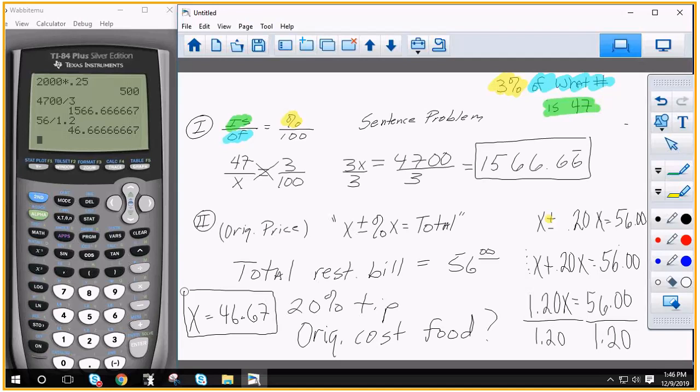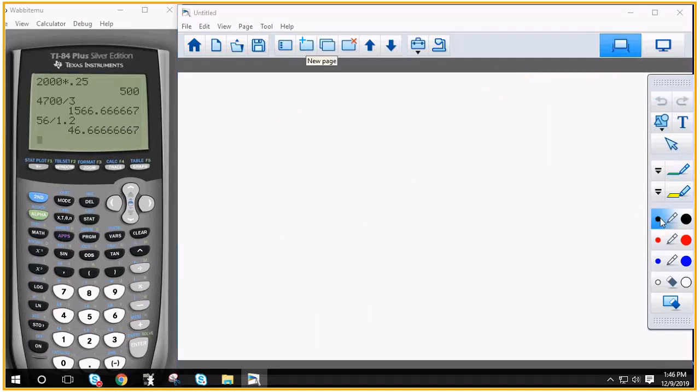So let's go ahead and do that. Let's say that you buy a shirt and that shirt has got no tag on it.